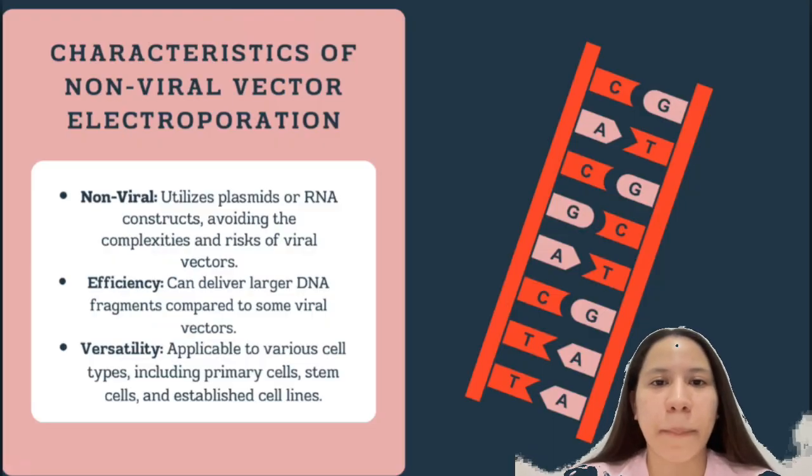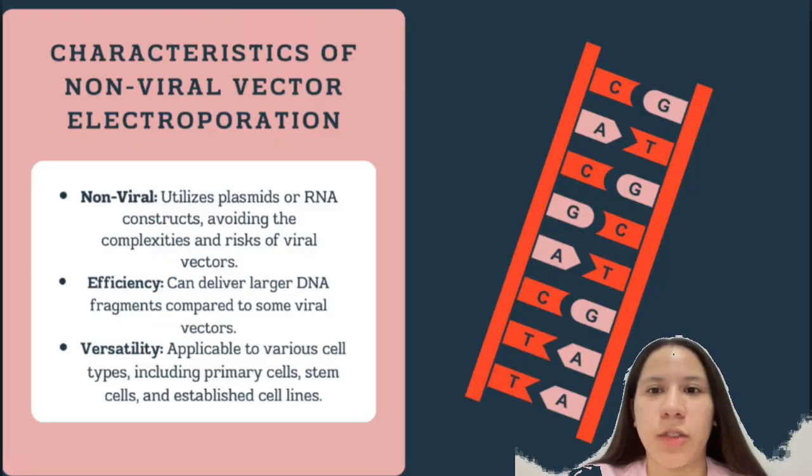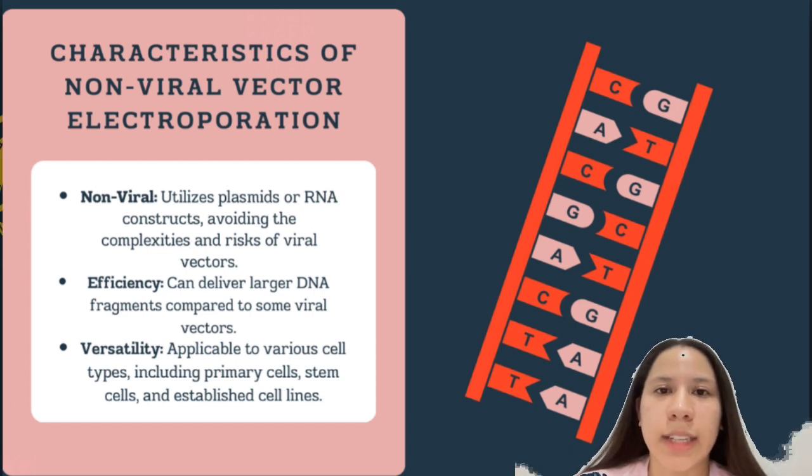Now let's discuss the main characteristics of electroporation using non-viral vectors. This technique uses plasmid or RNA instead of viral vectors, avoiding the risks associated with viruses, such as an immune response and insertional mutagenesis.